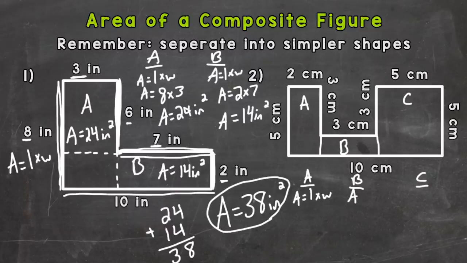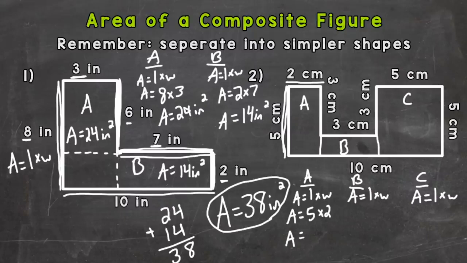I'll put my formula first, and then we will plug in. For A, our length is going to be this 5 all the way up, so we have 5 centimeters times the width of 2 centimeters. And that gives us an area of 10 square centimeters.